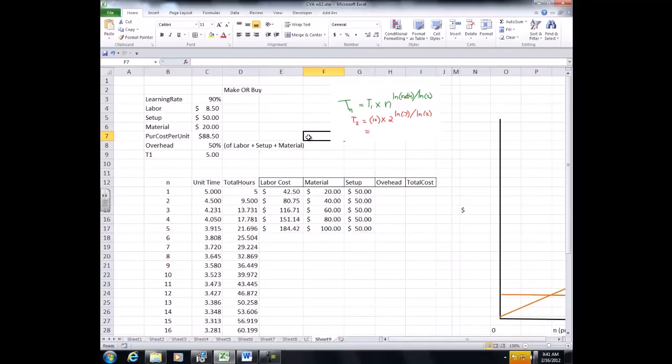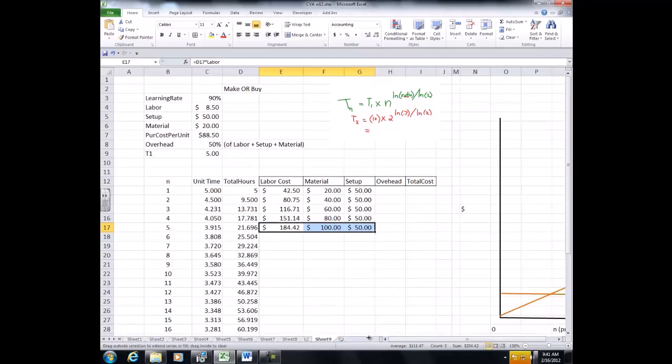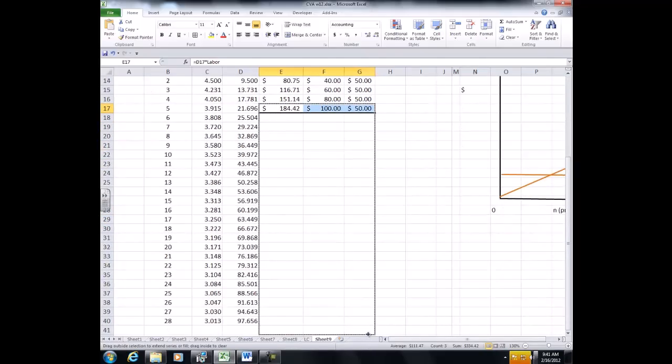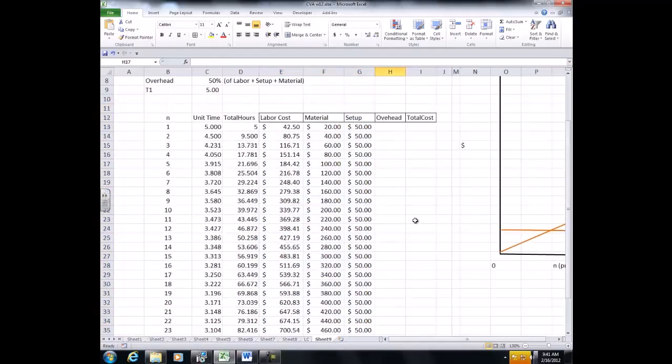Are we good? All right, so let's copy this row all the way down to 28. Let's graph, how about these 2 columns?